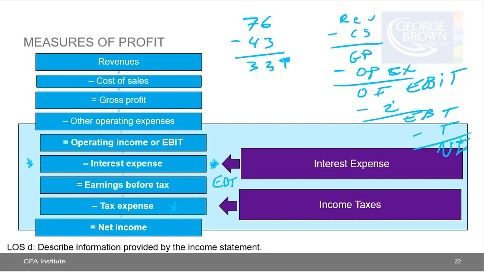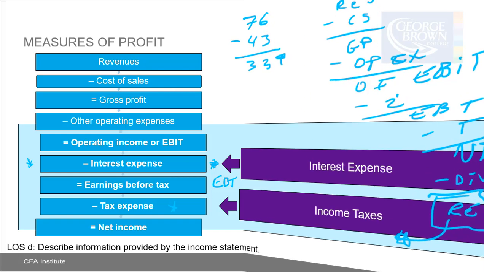From my net income, I'm going to pay some dividends, and so net income minus dividends gives me my retained earnings that carries over from the income statement to the balance sheet, and that's the link between the income statement and the balance sheet: the retained earnings.